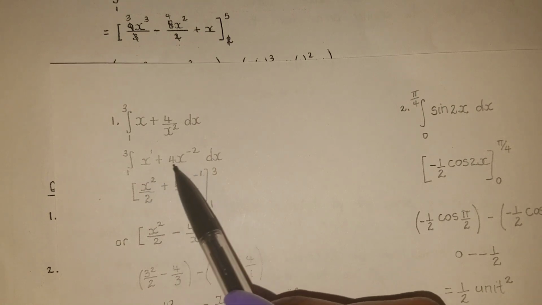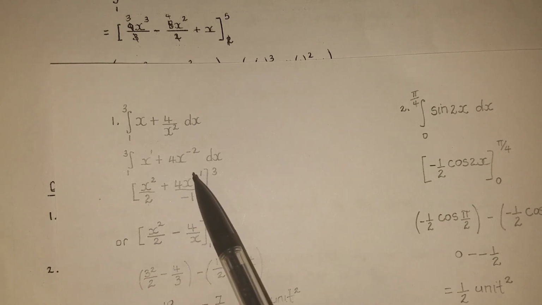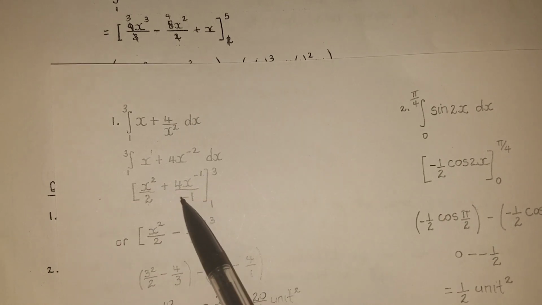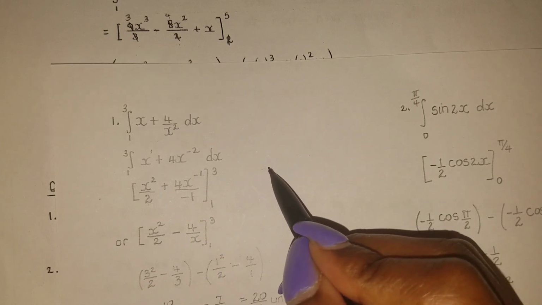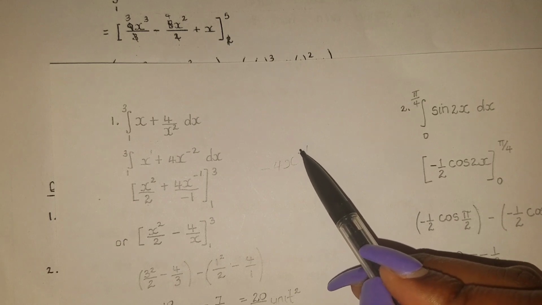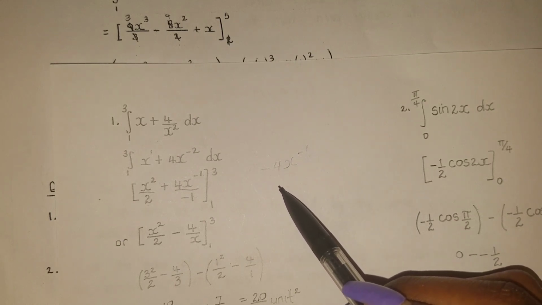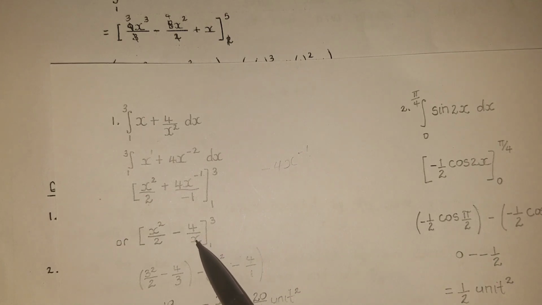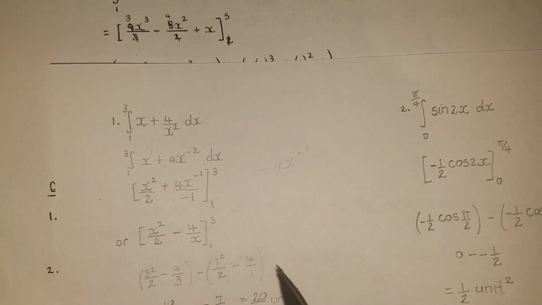So our integral now becomes x squared over 2 plus, not plus, this becomes a negative 4x to the negative 1. And another way of writing negative 4x raised to negative 1 is by simply taking this x and bringing it below, and it's now raised to a positive 1, as you can see. So this is our integral in which we are going to plug our upper and lower limit.